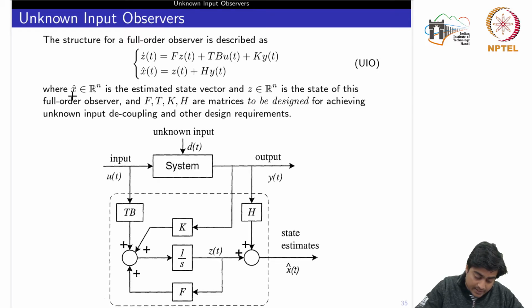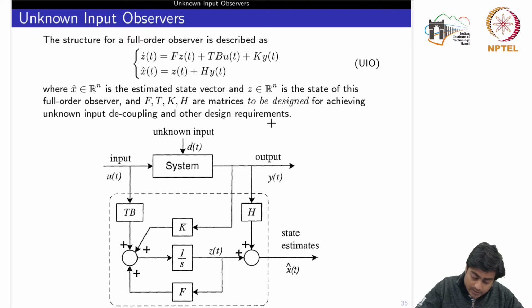So here x hat is the estimated state vector, z is the state of the full order observer. Here we now need to design the matrices F, T, K and H, because the B matrix is already known to us. So these are the matrices to be designed for achieving the unknown input decoupling and other design requirements if we have any.